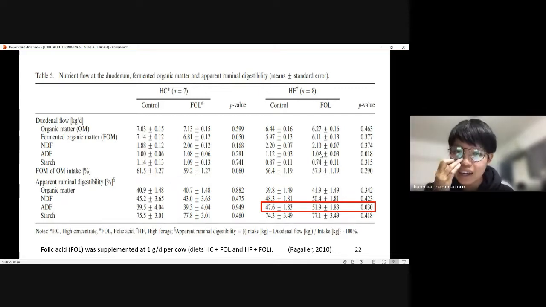Oh, I have one question about the minimum and the maximum of the folic acid to be used for ruminants, like the daily intake limit?